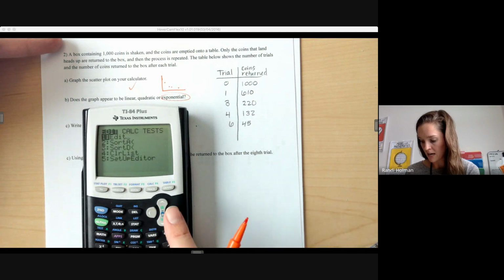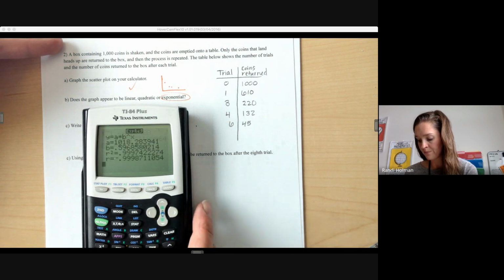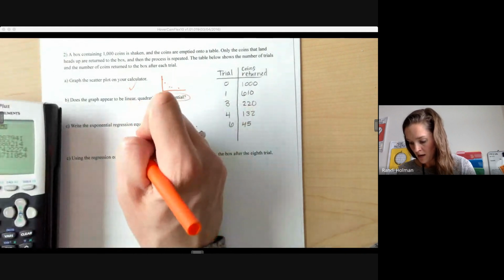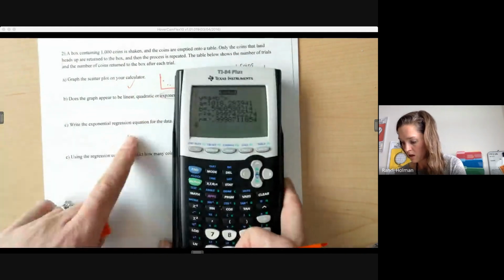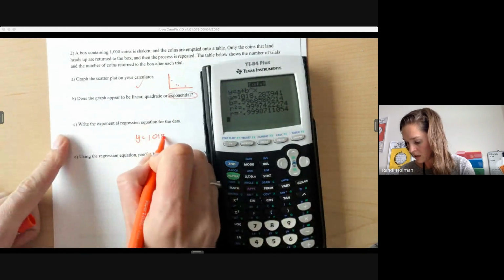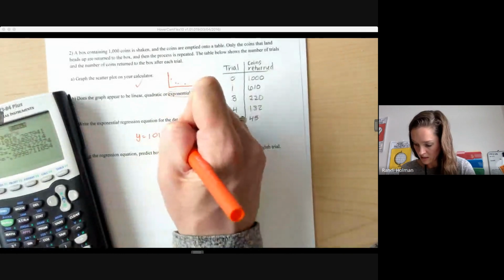Go back to our stat, calculate, all the way down to exponential regression, list 1, list 2, and calculate. Okay, so we get this y equals, our A is 1018.28.